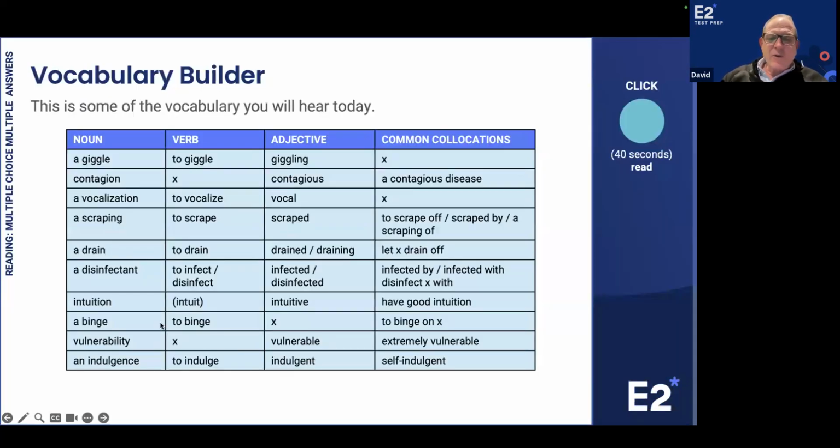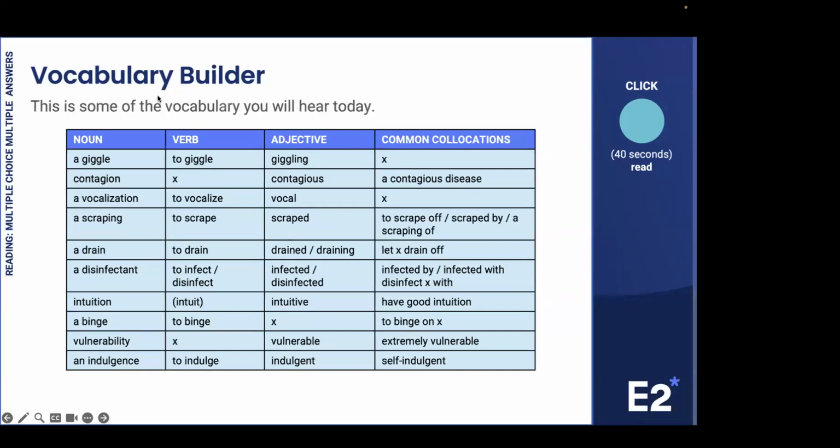Hey guys, can you read over this vocabulary that you're going to hear today? So read it out loud, get your eyes going, get your tongues going, read out loud on yours what you can see on the screen.